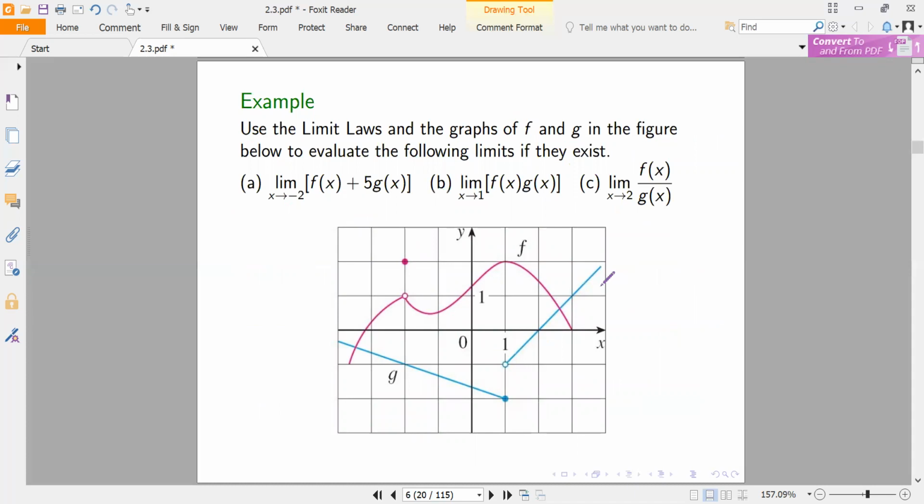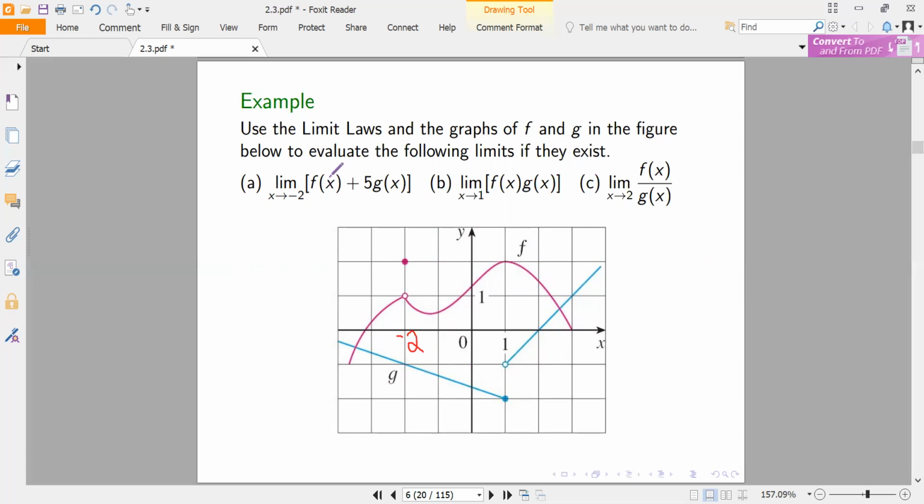Let's look at this example here to use the limit laws that we learned earlier. Let's look at the first one. Remember, here we're told that the pink function is f and the blue function is g. Part A is asking us to look at x approaching -2. -2 is here.